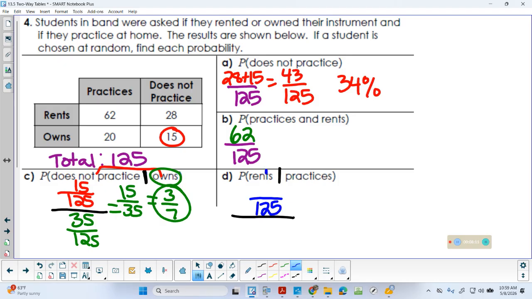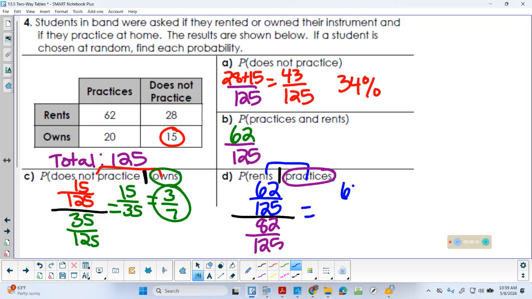So let's do the top. Rents and practices. How many rents and practices? 62. Get it right off the chart. No magic here. The bottom probability is the second event, just practices. So how many total practice? 82. 62 and 20, 82. Now, we know the shortcut because we're smart in here.